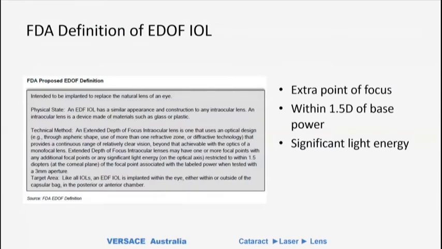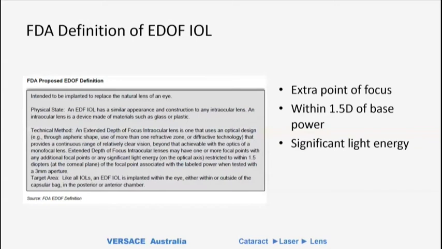Curiously, we still don't have a really good definition for what constitutes an EDOF lens. The FDA came out with a proposed definition of EDOF, and this spoke about a lens that has an extra point of focus somewhere within 1.5 diopters of its label base power, and that has significant light energy for that extra point of focus.